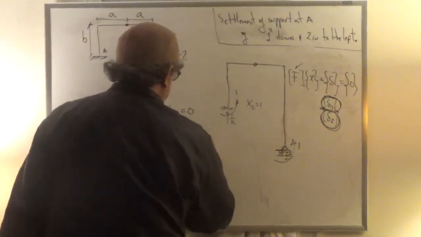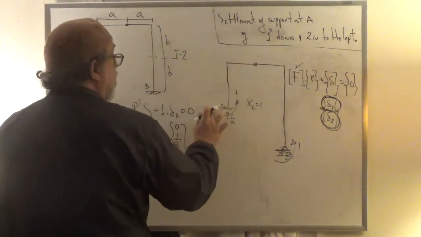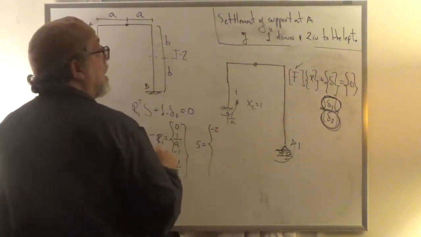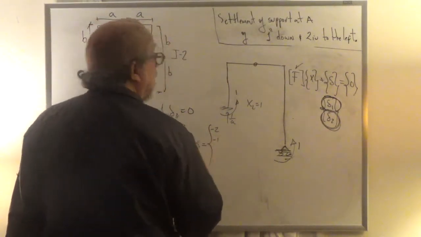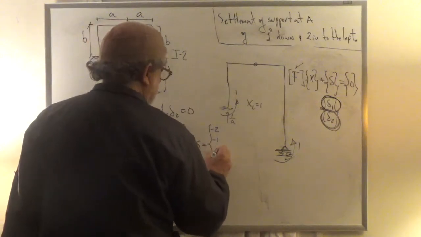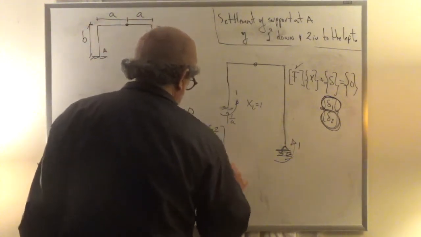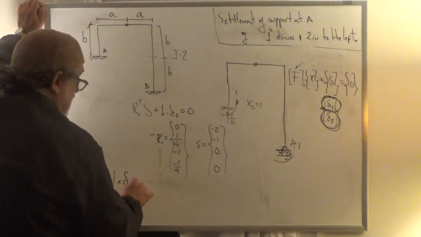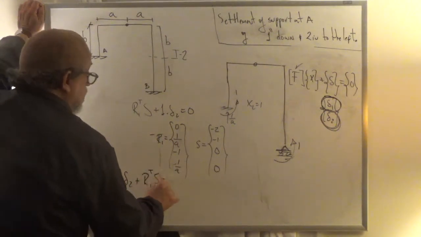And the settlements, they don't change. They are the same thing, right? At this support, in the x direction, minus 2. In the y direction, minus 1. In the rotations, nothing. And on this support, nothing. So we have 1 times delta 2 plus R1 transpose S equal to 0.